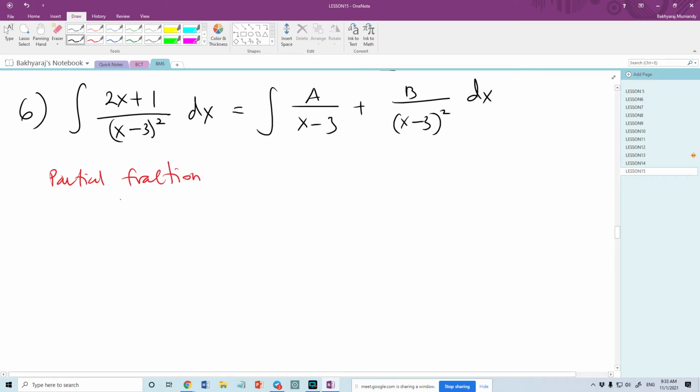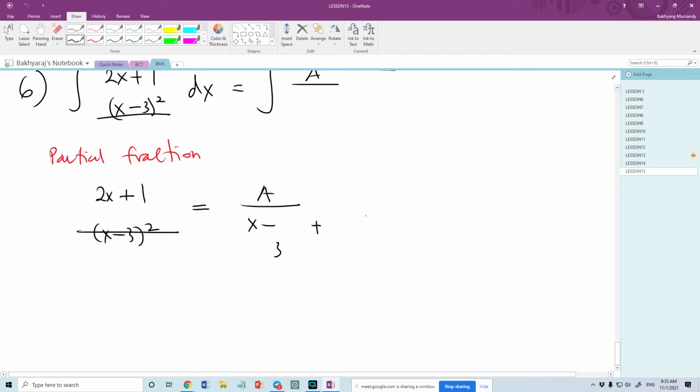So partial fraction will say that 2x plus 1 over x minus 3 square is equal to a over x minus 3 plus b over x minus 3 square.